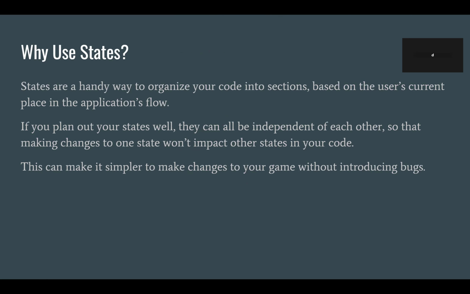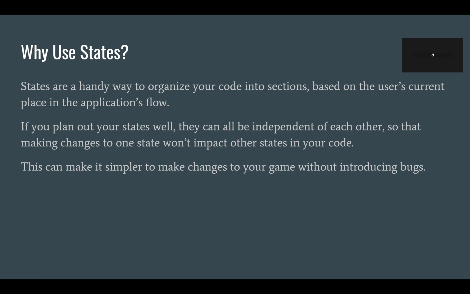All right. And as far as coding, if you plan out your states well, they can all be independent of each other, so that when you make code changes to one state, it won't impact other states in your code, right? And this can make it simpler to make changes to your game without introducing bugs, right?